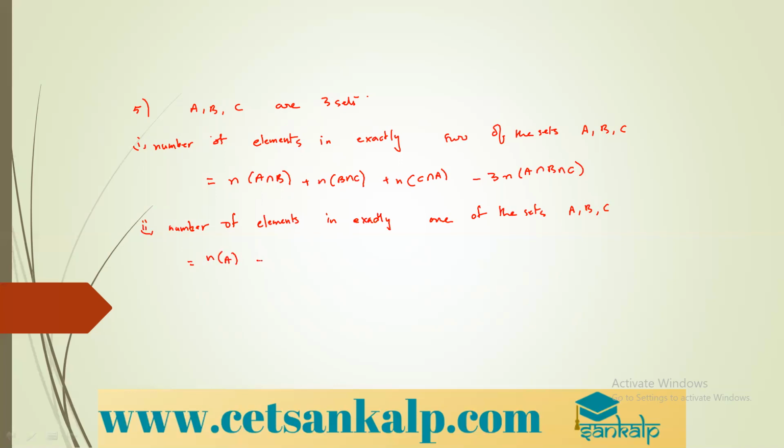Number of elements in A plus number of elements in B plus number of elements in C minus 2 times the number of elements in A intersection B minus 2 times the number of elements in B intersection C minus 2 times the number of elements in A intersection C plus 3 times the number of elements in A intersection B intersection C.